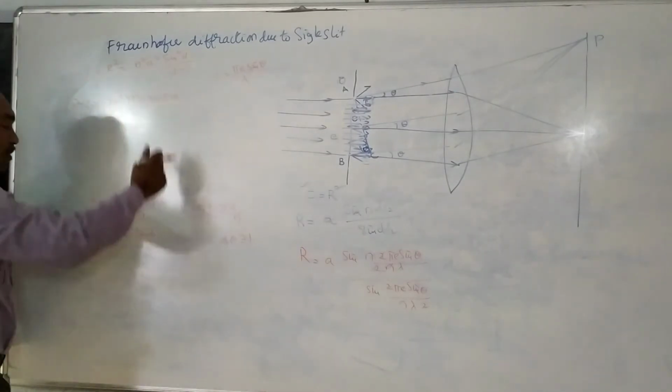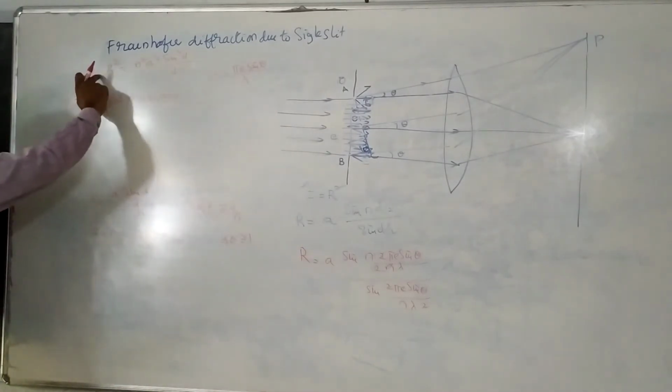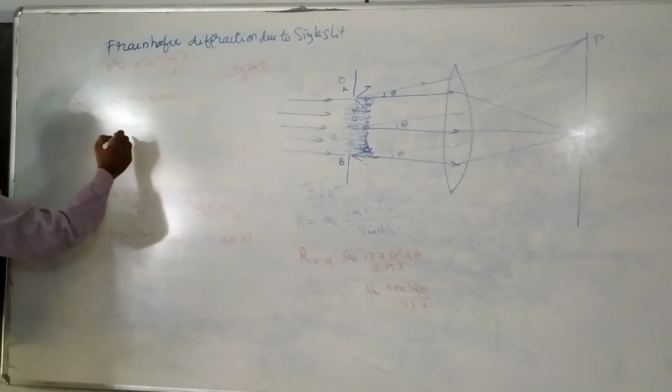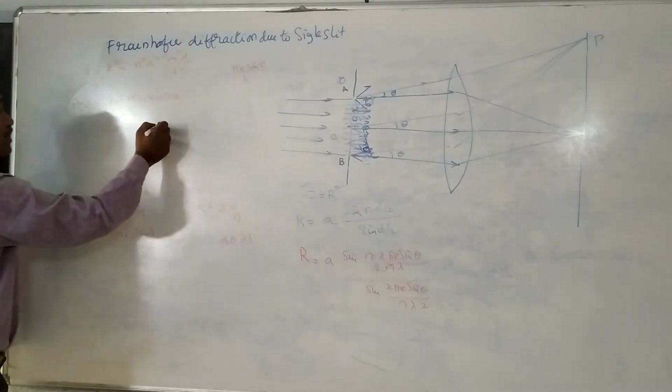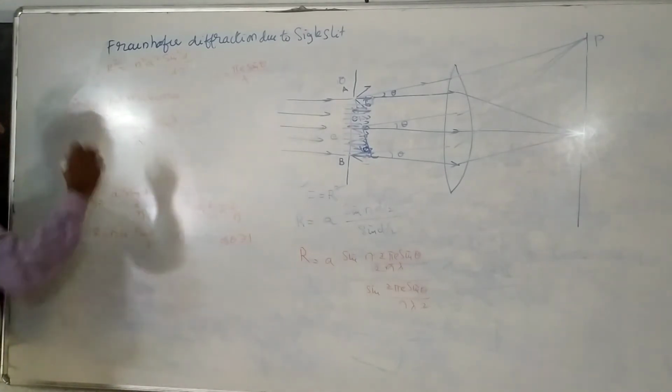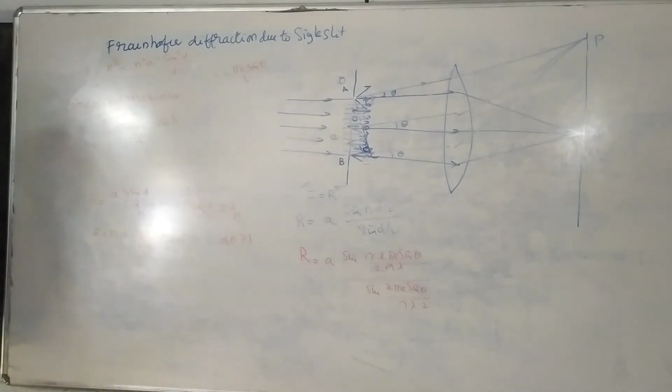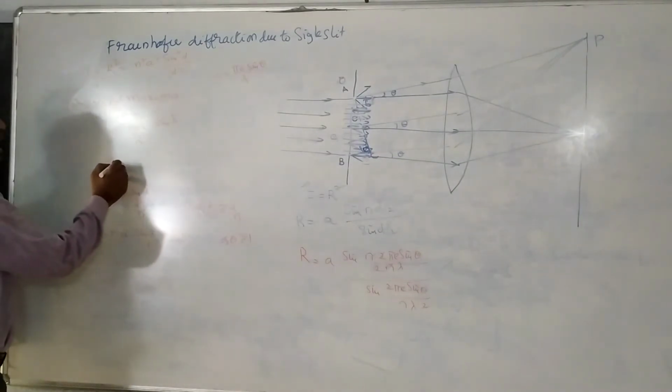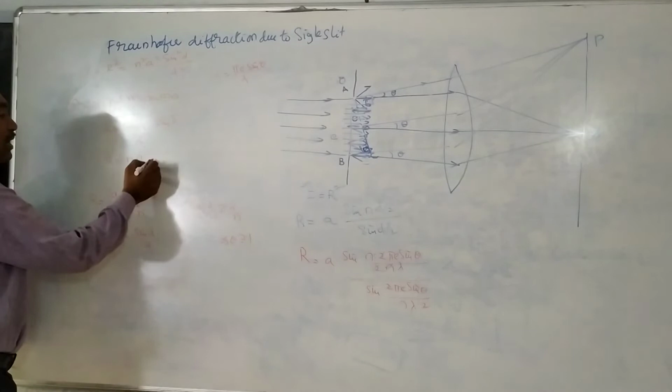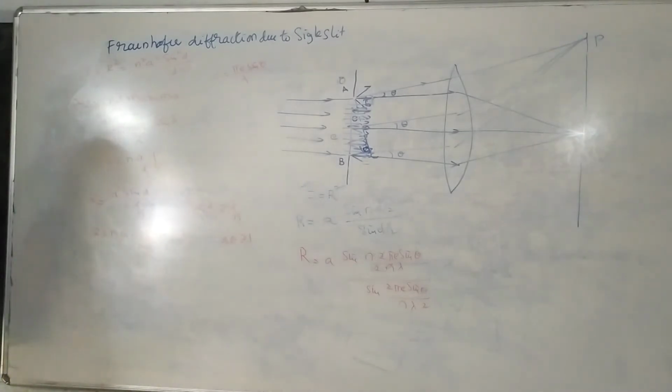From this, we know if R is maximum, intensity is maximum. So R is equal to n into A into sin alpha by alpha, that is R is equal to n A by alpha into sin alpha.